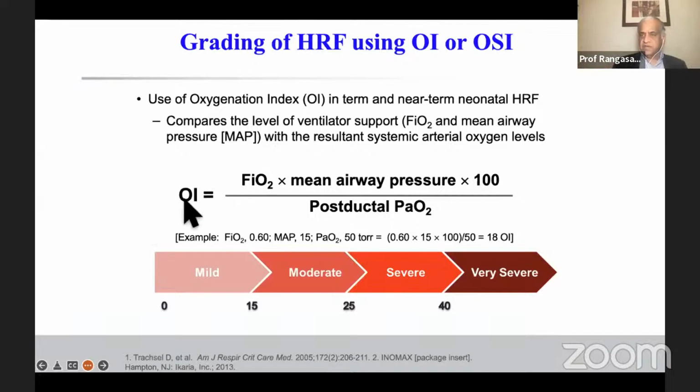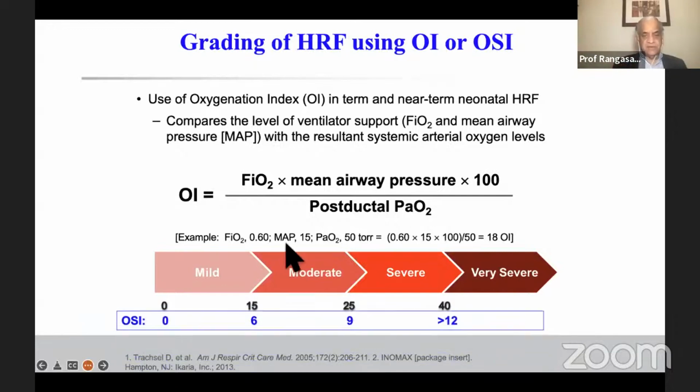And all of you know how the oxygenation index is calculated. The problem with this oxygenation index is you need a measurement of PaO2, post-ductal PaO2. Most of the studies used post-ductal PaO2 in the OI calculations and prediction. So a few years ago, we looked at, and others also published similar data on, using the oxygen saturation index.